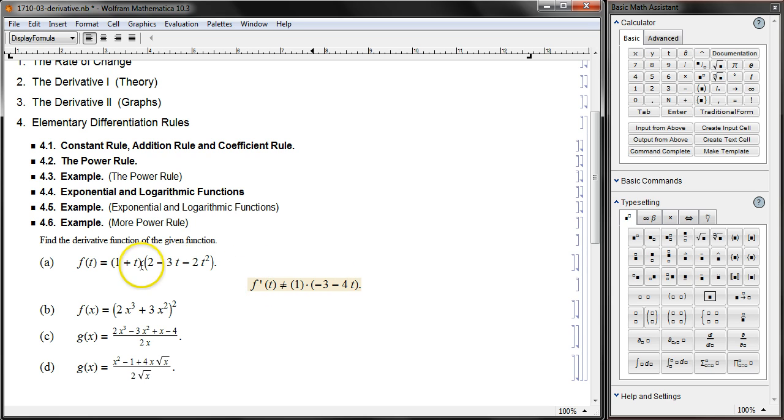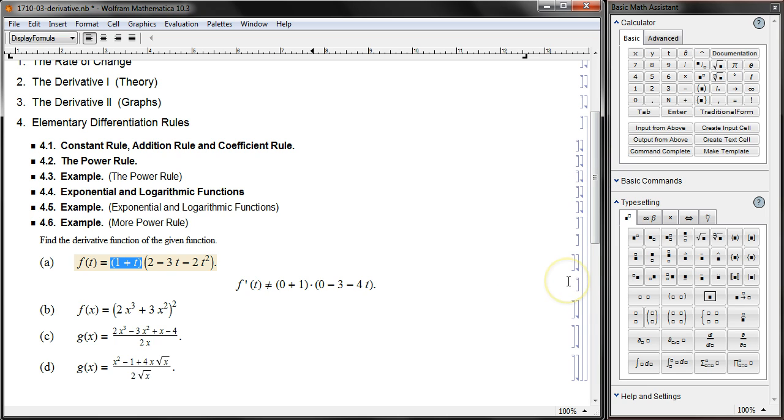You see, if you take the derivative of 1 plus t, you're going to get the derivative of 1 is 0, and then next, and then this one, like that. But this is not true, this is false, because this is a t expression, not a coefficient, so you cannot use the coefficient rule.